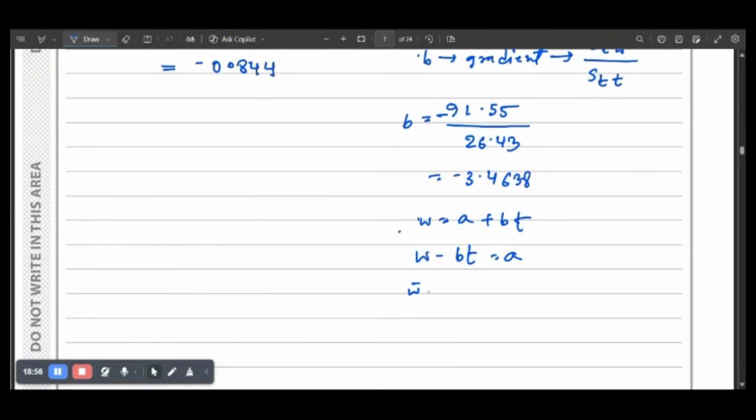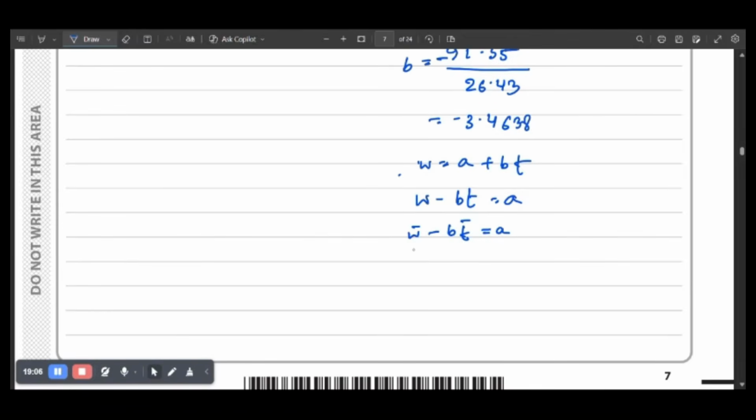Now if we input the average of W and the average of T in the equation, and also the gradient, we can find a. The average of W will be calculated like this, and the average of T will be calculated like this.